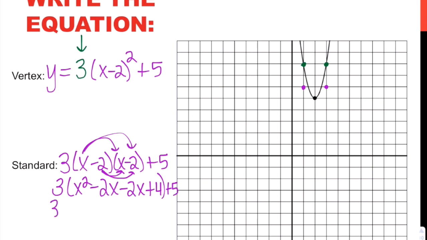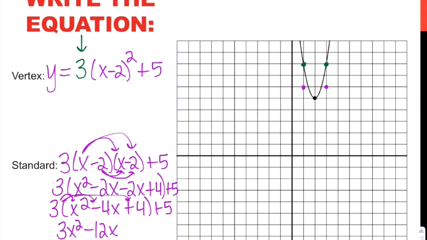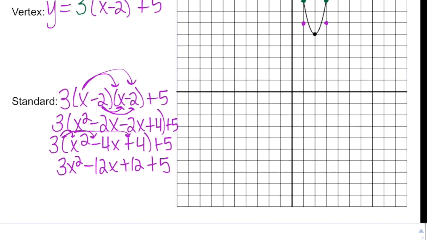From here, I'm going to combine like terms, making this x squared minus 4x plus 4. Then I distribute to get 3x squared minus 12x plus 12. And your very last step is to add the 5. So my standard form equation here is 3x squared minus 12x plus 17.